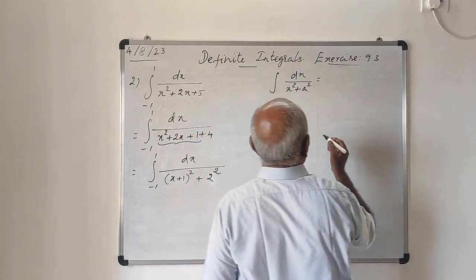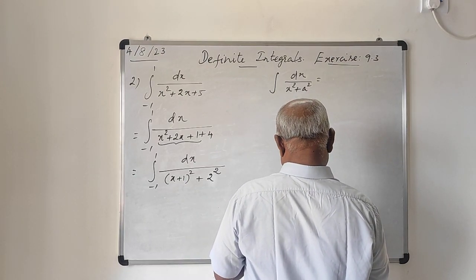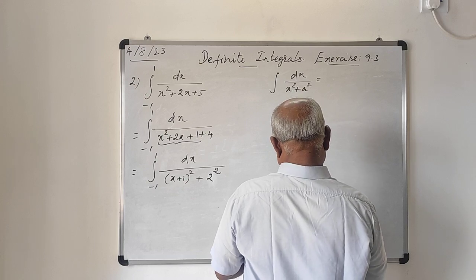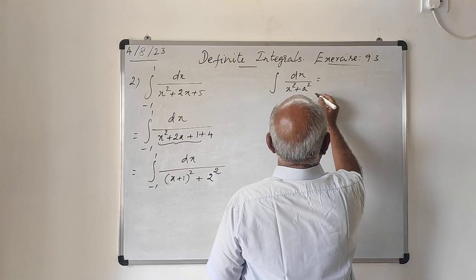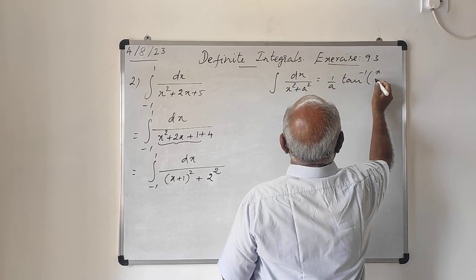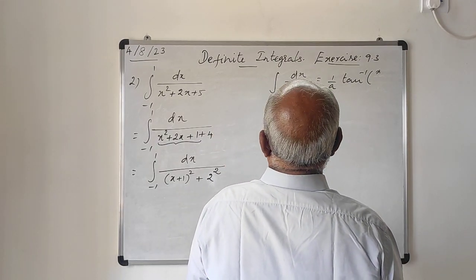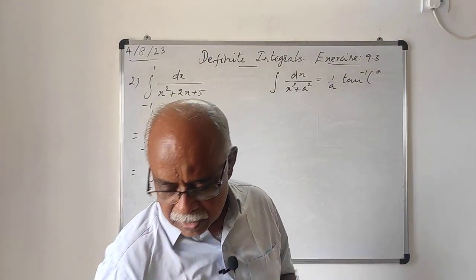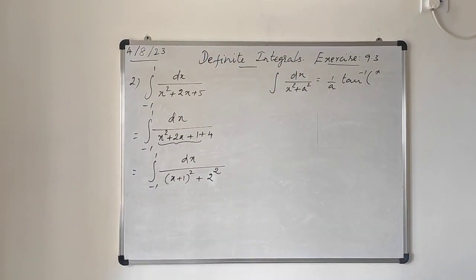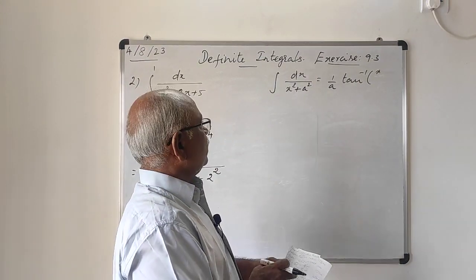Integral dx by x square plus a square is 1 by a into tan inverse of x by a plus c.